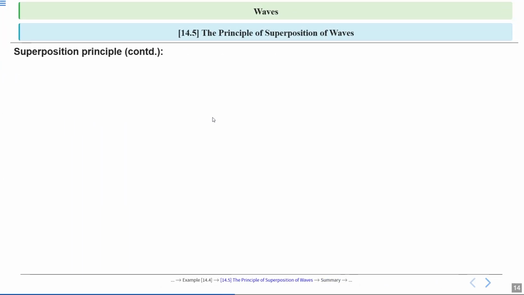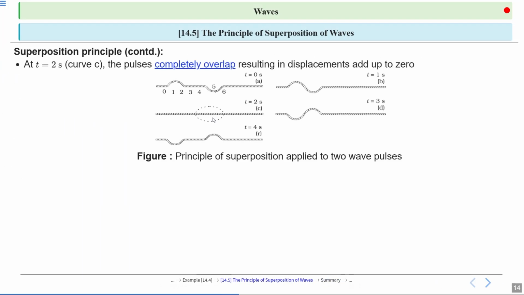Now let's look at what happens at time t equal to 2 seconds. In figure C, t equal to 2 seconds. Here two pulses, the first one and the second one, completely overlap and their displacements add up to 0.